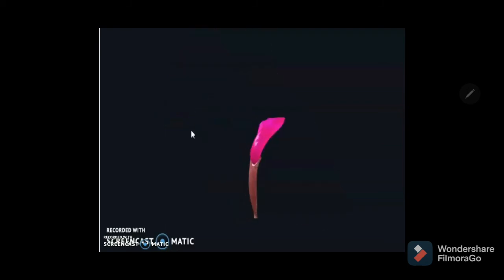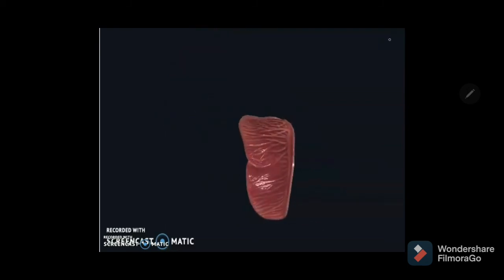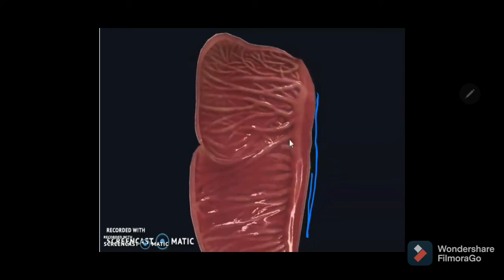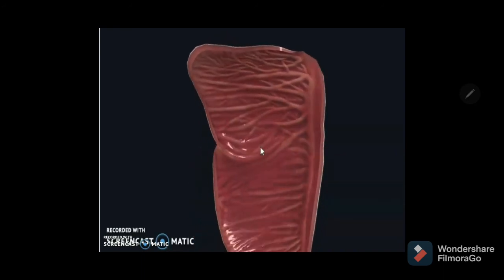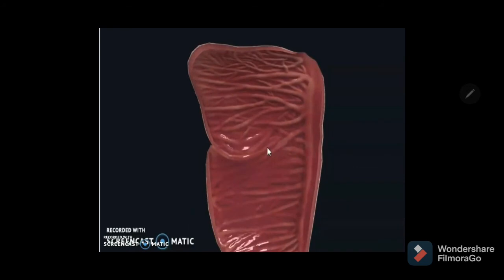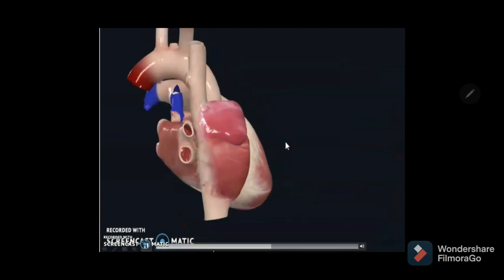If you reflect here, you can notice the crista terminalis, and you can see these irregular muscular ridges called musculi pectinati. So this is the anterior rough part, and once you cut open, you can observe the posterior smooth part.